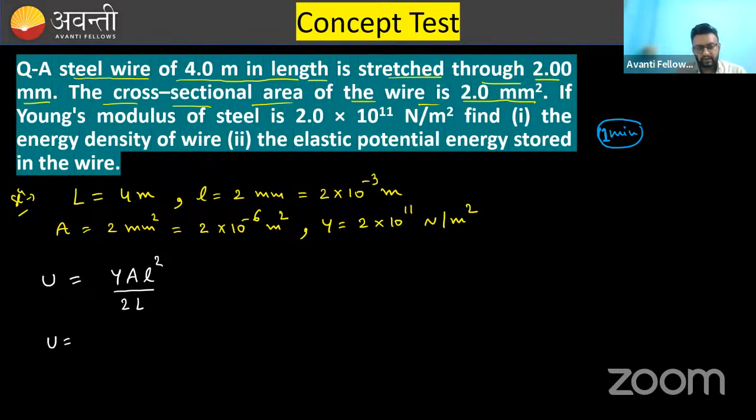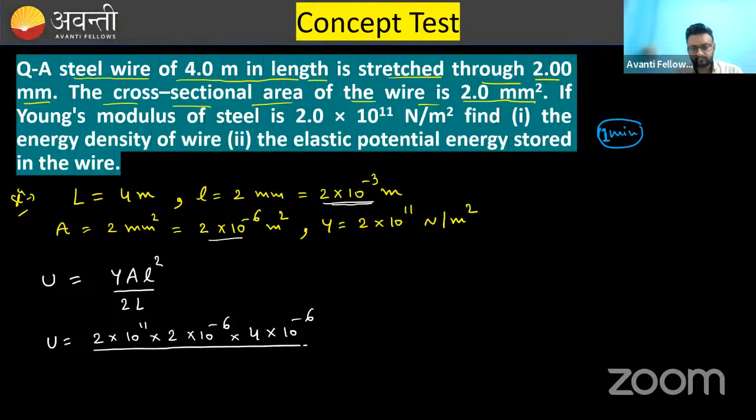Y is 2 into 10 raised to the power 11. A is 2 into 10 raised to the power minus 6. Small l is 2 into 10 raised to the power minus 3. If you square it, it becomes 4 into 10 raised to the power minus 6, divided by 2 into L, where L is 4.